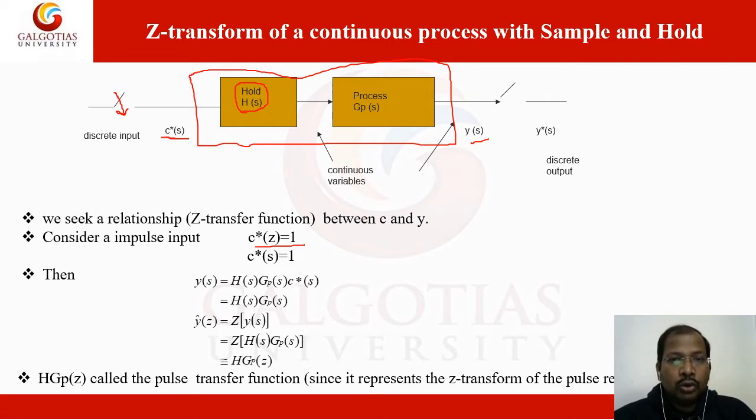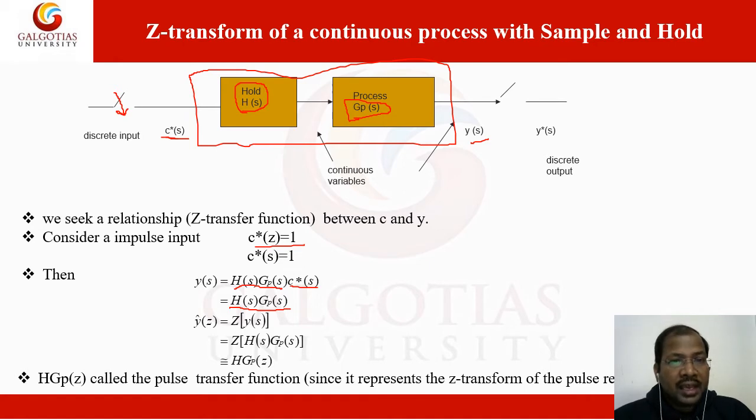The process plant has the transfer function GP of S, and H of S and GP of S are in cascade, meaning in series, so we have to multiply these terms and multiply by the input. As we are deriving the output in the presence of the impulse input, this is nothing but H of S into GP of S.